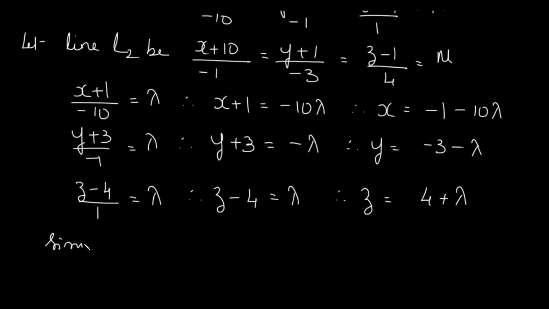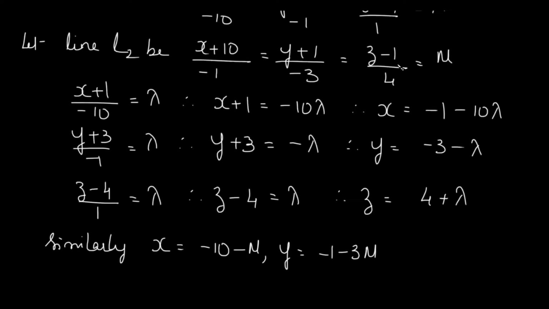Similarly, now that you have got an idea of how these three equations are obtained, for the next equation, in the same way, x is equal to minus 10 minus mu, y is equal to minus 1 minus 3 mu.